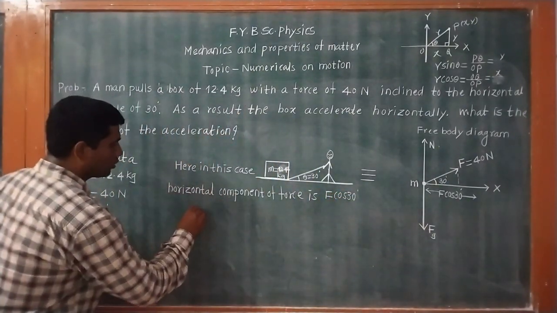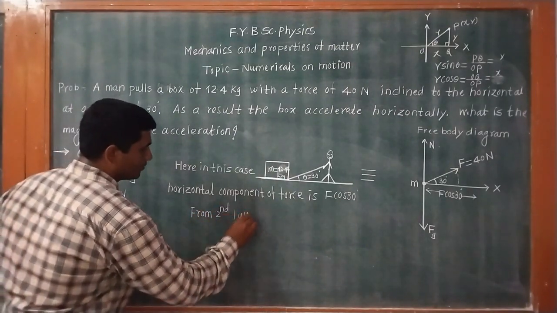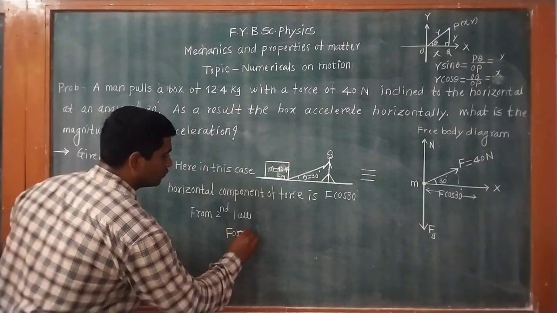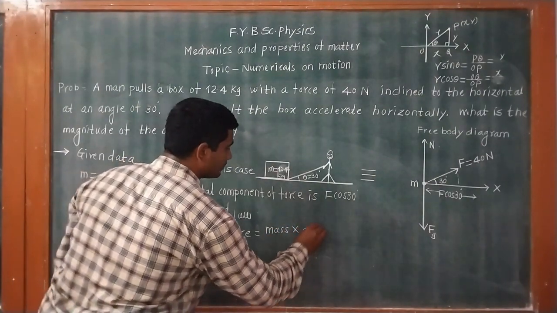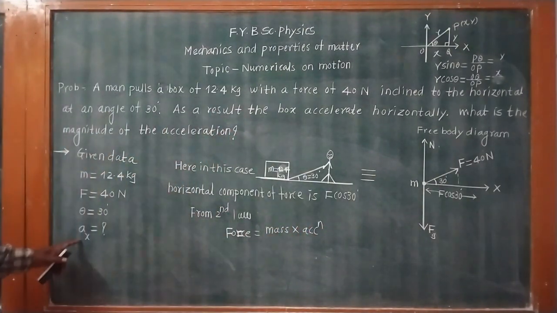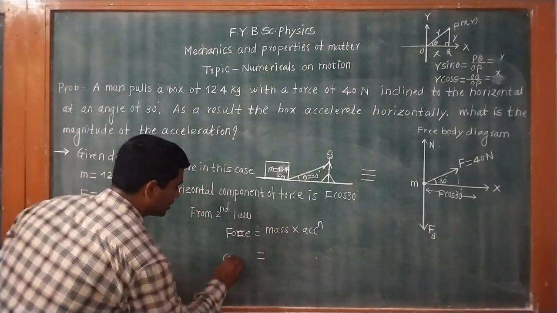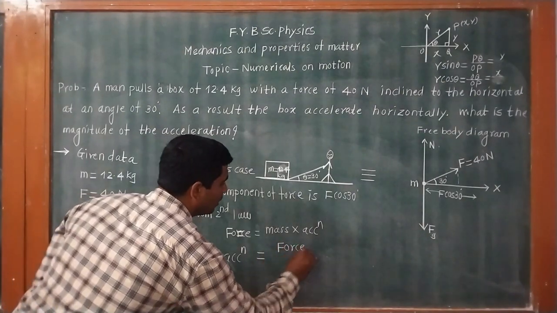From the second law, force is equal to mass into acceleration. In this case, we have to find the acceleration. If I transfer the mass to this side, acceleration will be force upon mass.